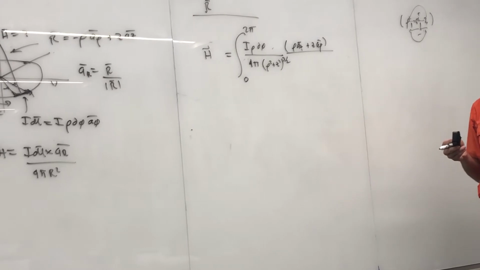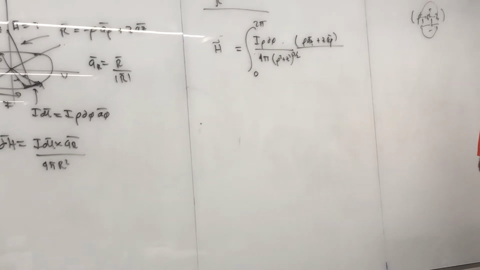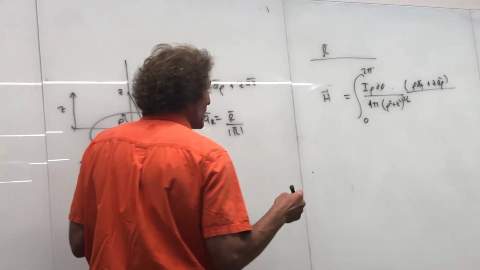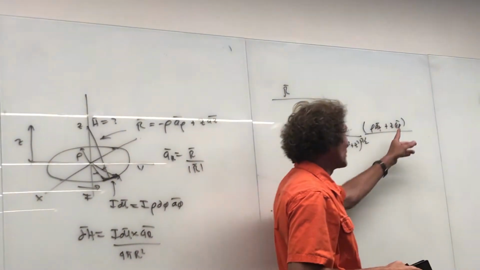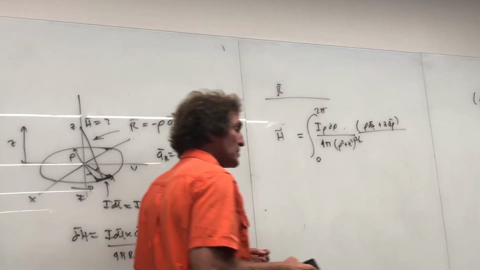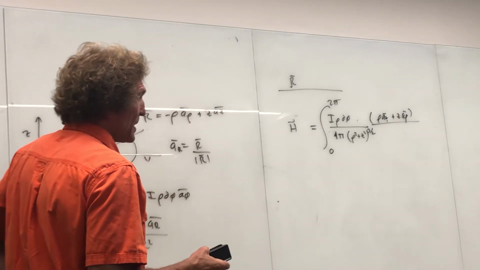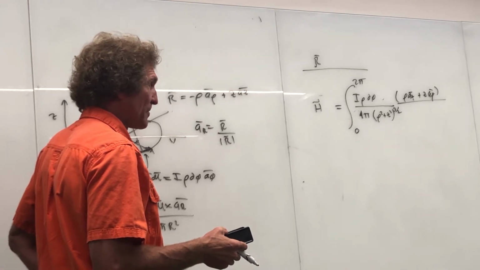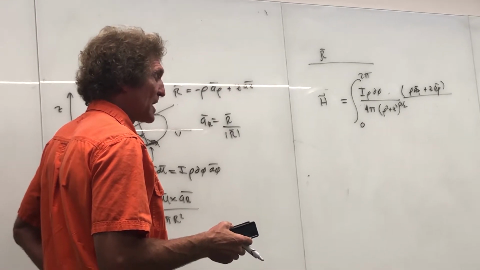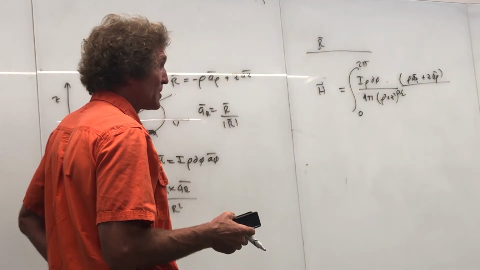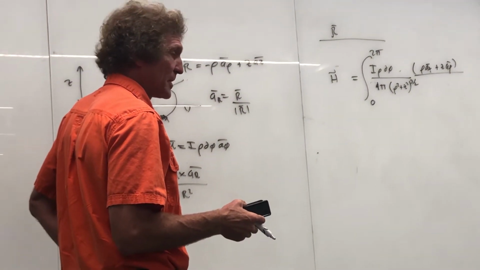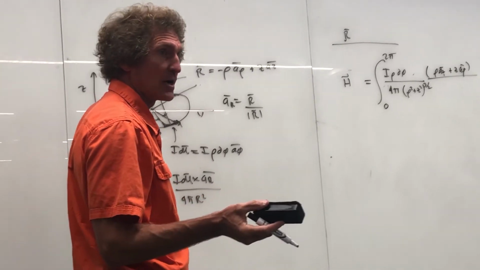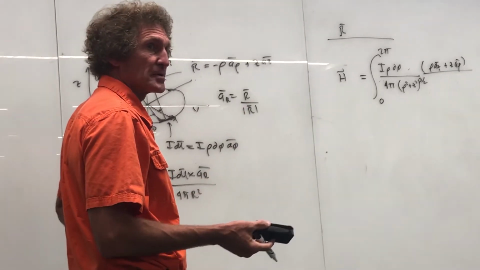And here's where I make the statement about symmetry. And I did it last time. I could prove this by going ahead and saying that unit vector a rho would be cosine phi ax plus sine phi ay, and then do the integrations with respect to phi, and you would see both of those integrate out to 0, because the integral of a sine or a cosine from 0 to 2 pi is 0.